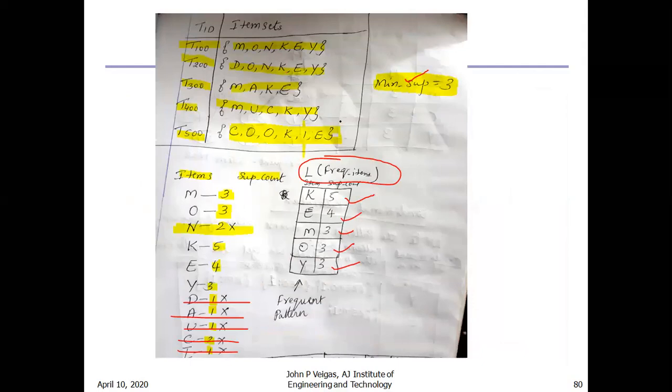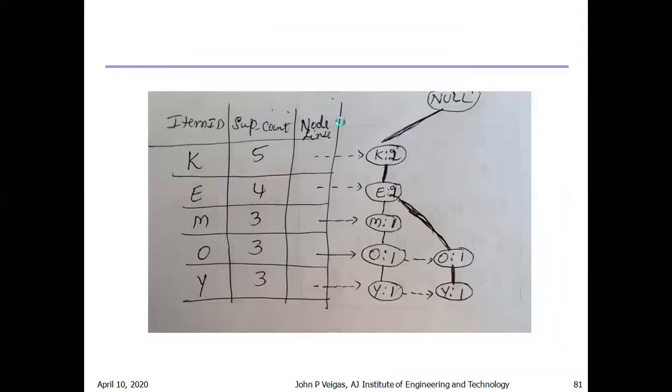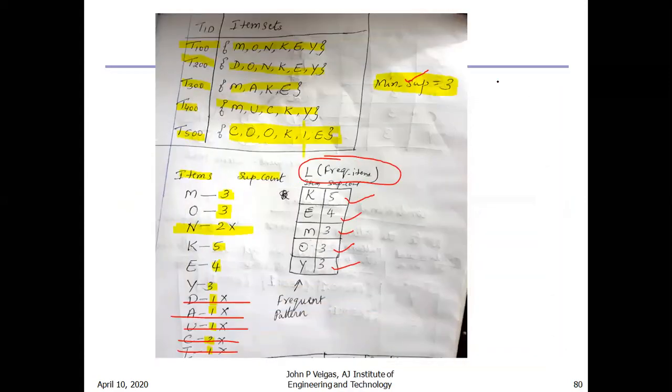If you are observing here, how many times is K occurring? Once again, let me.